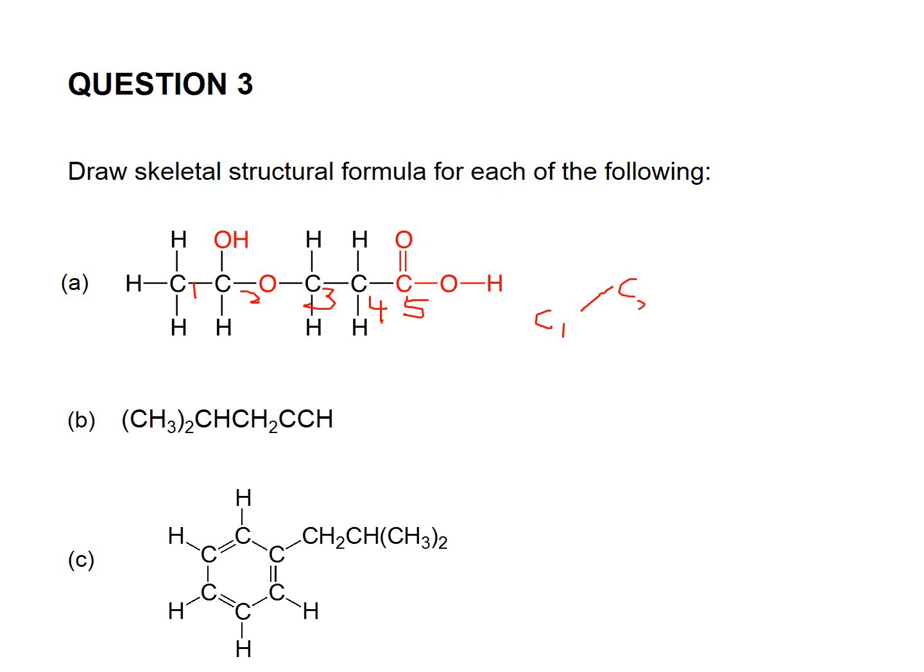So ni second C. So masukkan C2 kepada O. Ni attachment C2 kepada O, and O kepada C3. So tarik lagi O kepada C3. This is your C3. Okay. So antara C3 kepada 4. C4 kepada C5. Okay, this is your C5.